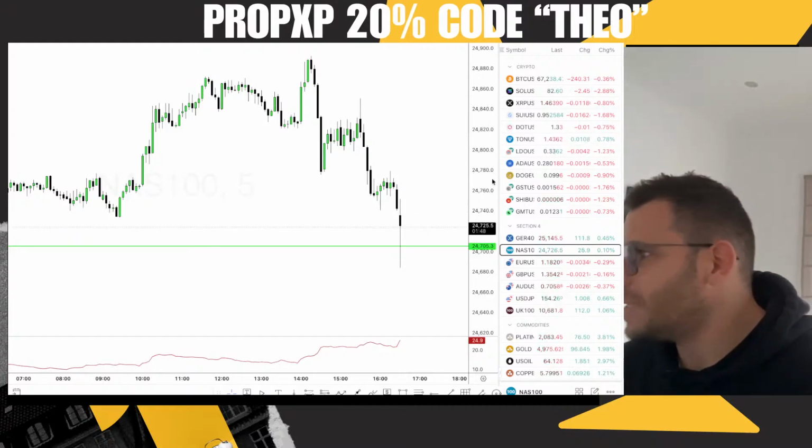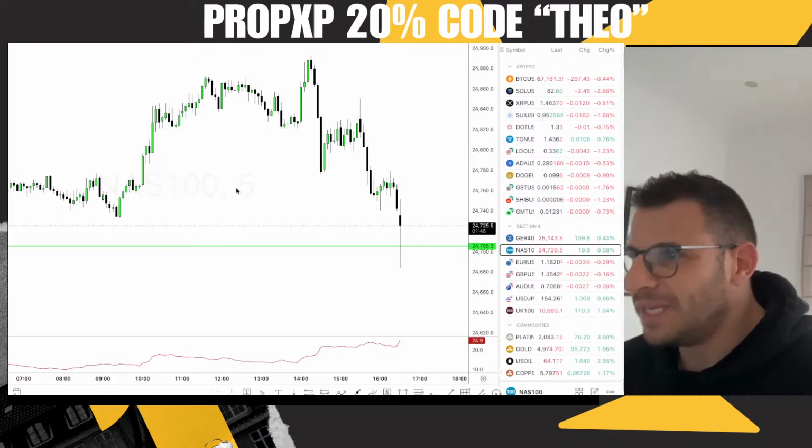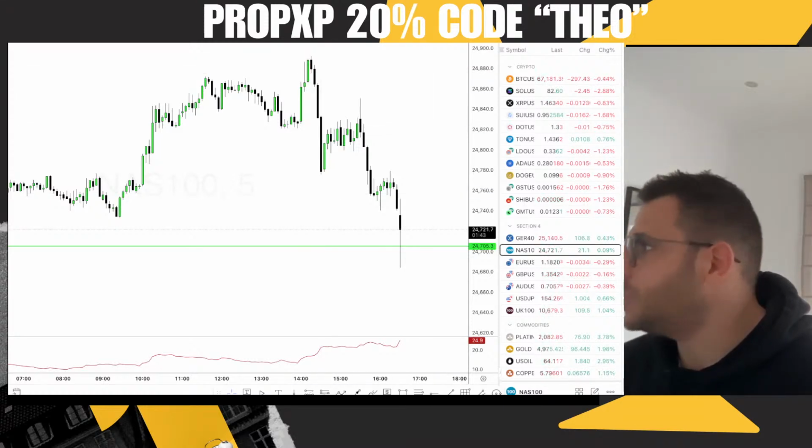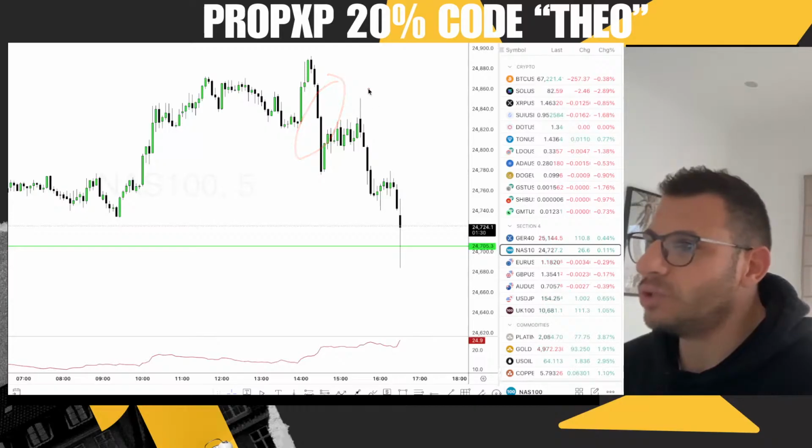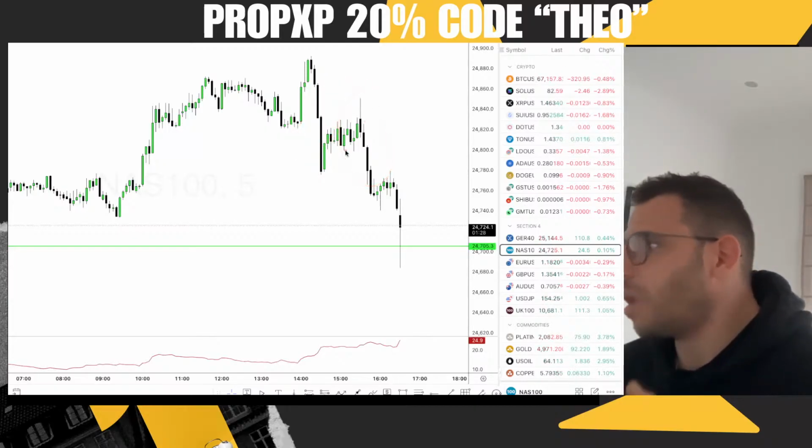So the market opened during the pre-open. I can see the sellers were trying to control here. Sellers pressed.